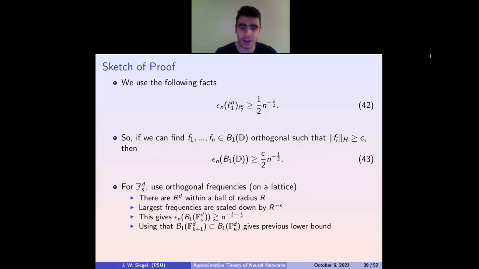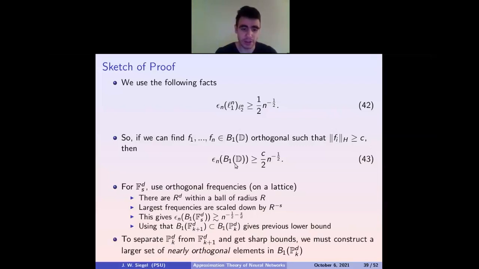To get that extra 1 over 2d, though, and to essentially show that the convex hull of these ReLU^k dictionaries is strictly larger, in a certain sense, than the convex hull of this Fourier dictionary, you need to construct a larger collection of elements. In this case, you can't make them actually orthogonal, but you can make them nearly orthogonal, in an appropriate sense, and that turns out to be enough as well.